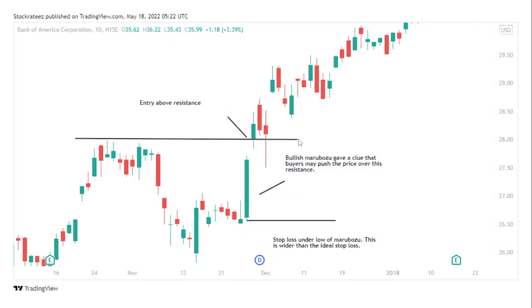All right, so we've got another example of a bullish Marubozu. So we've got a long candle body, and we've also got resistance up here. So this Marubozu candle that happened gives us a clue that buyers may push the price over this resistance. So we're going to take our entry right above the resistance, because we knew that usually Marubozus continue in the direction of the trend, and put our stop loss under the low of the Marubozu.